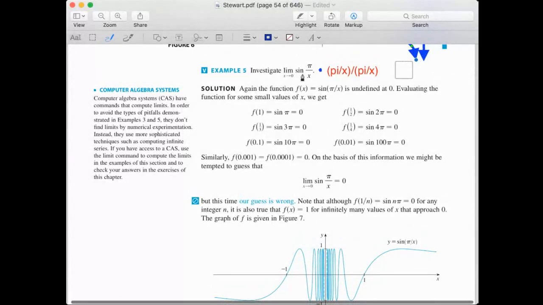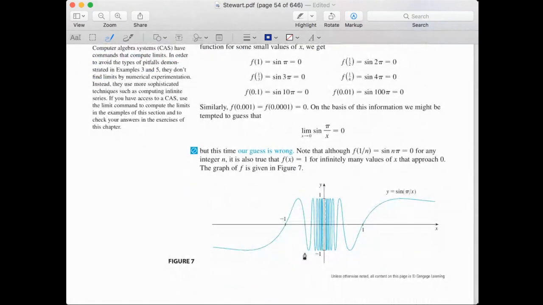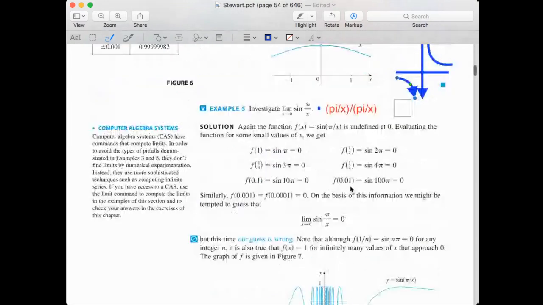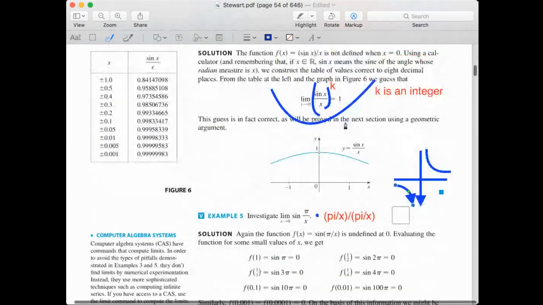If someone asked earlier, sine 1 over x or sine pi over x, pi is just a constant number. So this is called the scientist's curve. It oscillates at 0. But we can use the identity. Whenever we see a function involving trig functions, we try to use this identity.